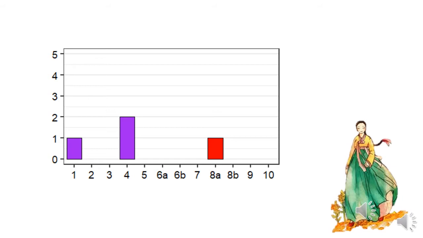As you can see in this graph, there are only two purple and one red. It also has a horizontal axis and the height of each bar. This graph shows the profile of languages in South Korea with respect to their status of language development versus language endangerment.